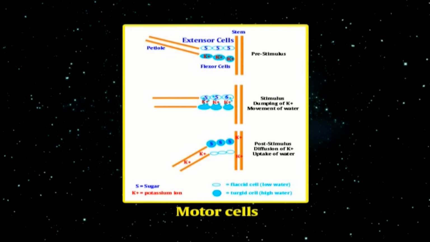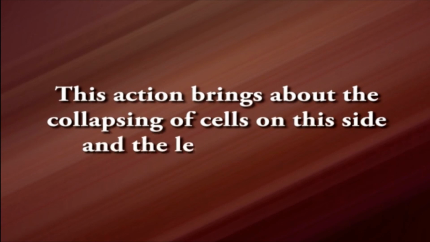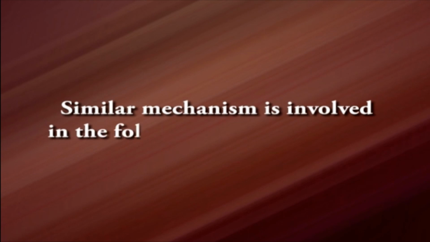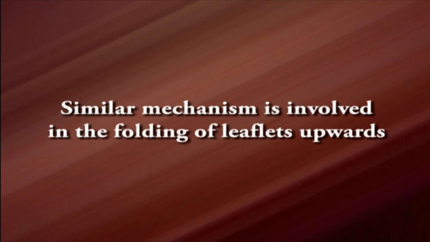These motor cells are highly sensitive and active. When the stimulatory hormone abscisic acid, which is released due to the irritability, reaches these specialized cells, they are stimulated to contract, collapse and extrude the water and potassium ions into the intercellular space. This action brings about the collapsing of the cells on this side and the leaf downwards. A similar mechanism is involved in the folding of leaflets upwards.